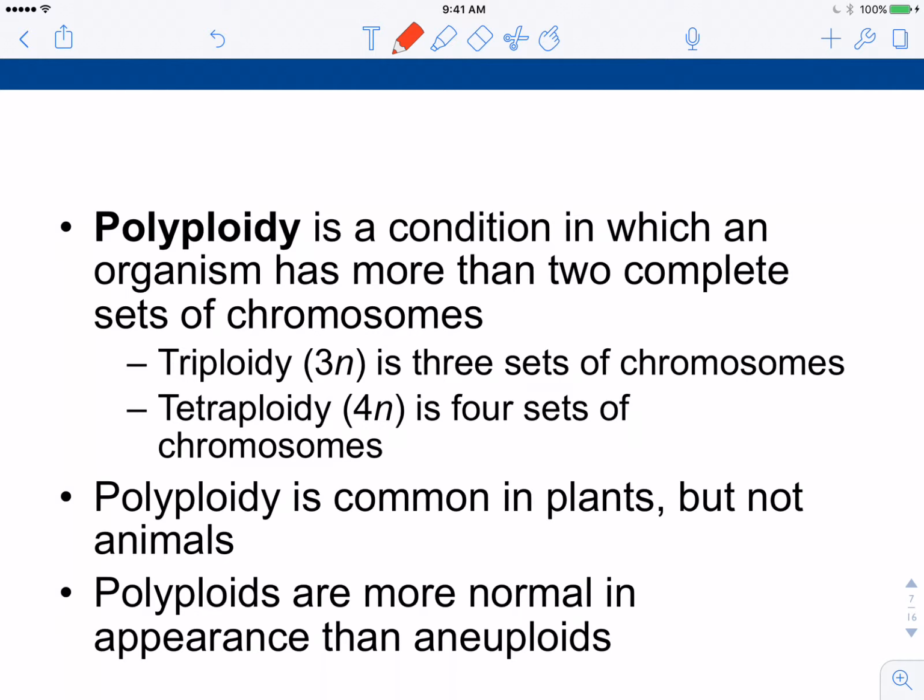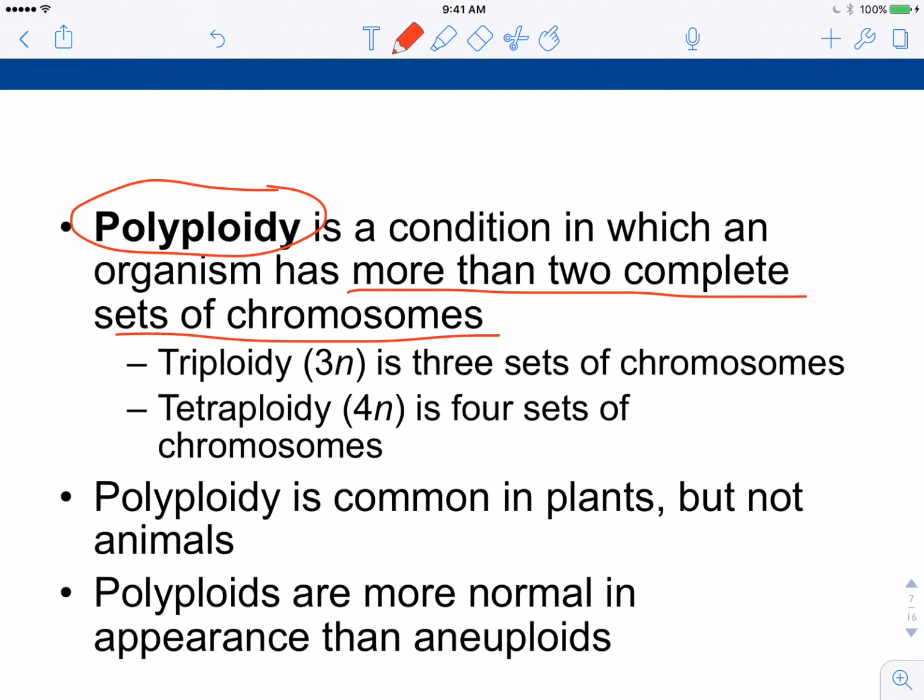If you have non-disjunction occur more than once or with more than 1 chromosome pair, what you can get is polyploidy. You basically get non-disjunction of the entire genome, so the organism will have more than 2 sets of chromosomes.